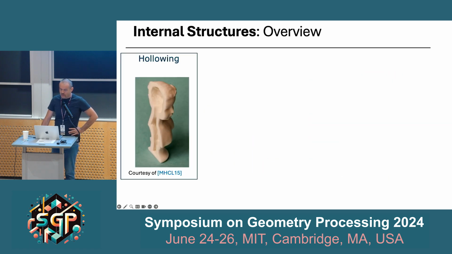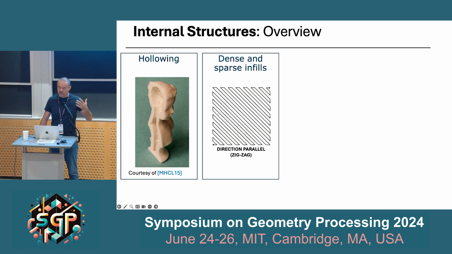Okay, to create internal supports, we must first make room for them. So typical approaches for this include hollowing. So we just want to create a thick part of the surface. Then when you have these cavities within the object, you need to create either sparse or dense infills.